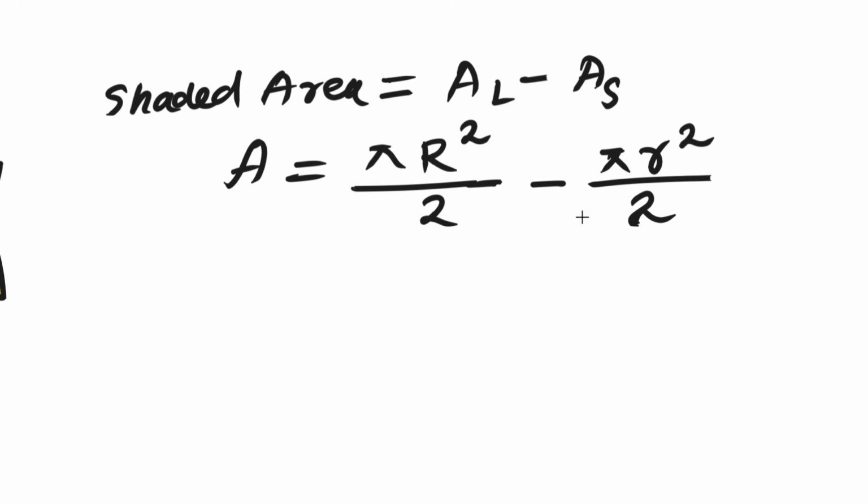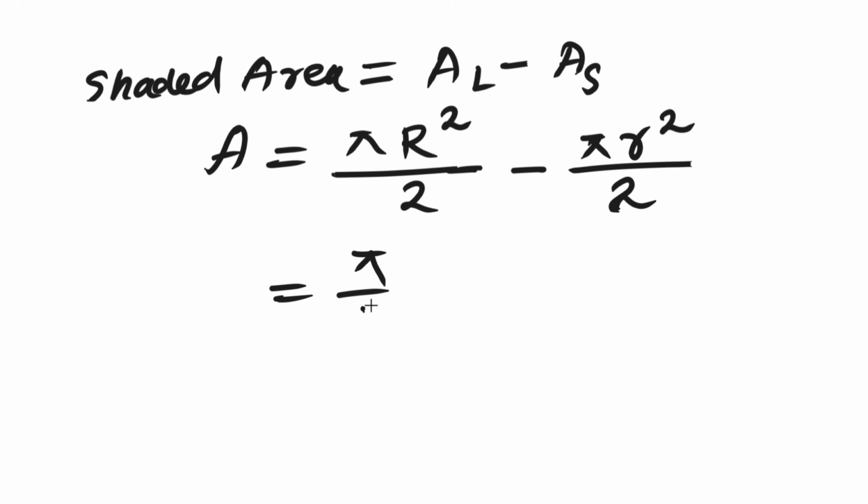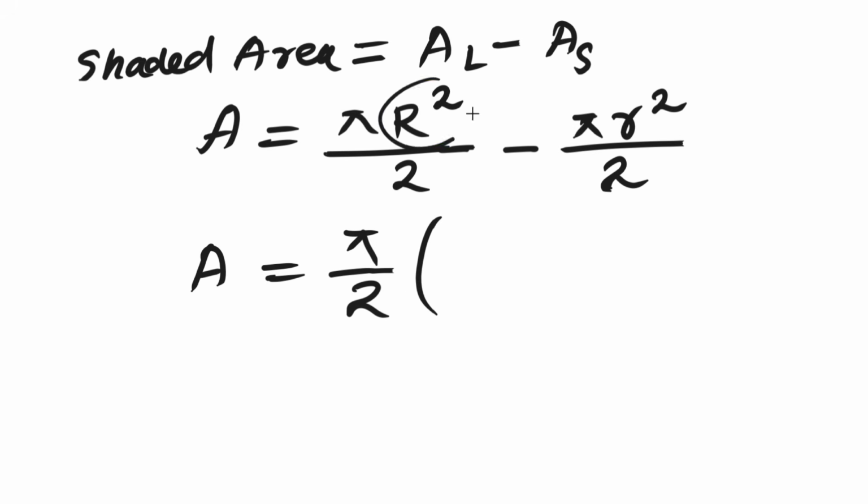Now, notice something important here. Both terms contain pi divided by 2. That means we can factor pi divided by 2 out of the expression. So we get shaded area equals pi divided by 2, multiplied by the quantity uppercase R squared minus lowercase r squared.